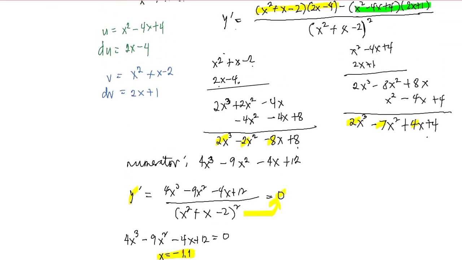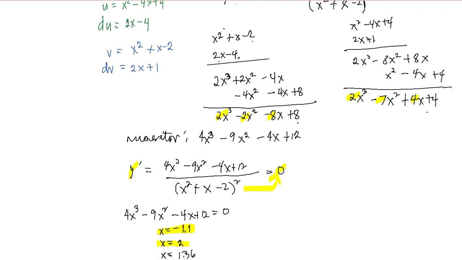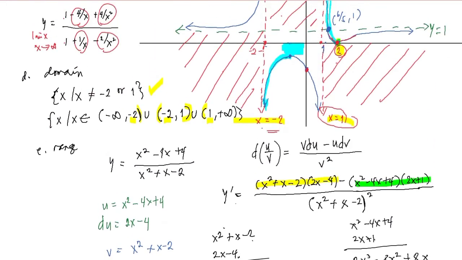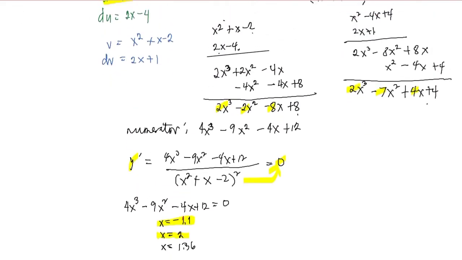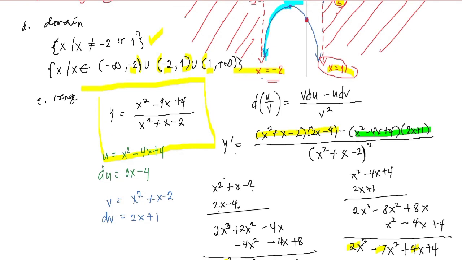So, if x is equal to negative 1.1, balikan natin yung ating original equation. No? Since ito yung original equation natin, i-substitute natin dyan yung x is equal to negative 1.1.